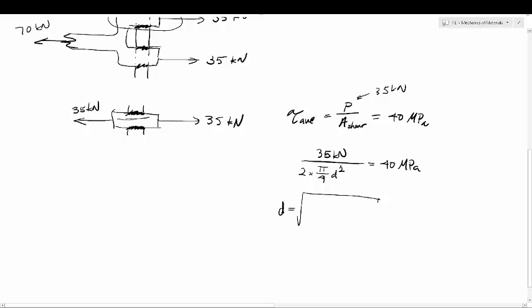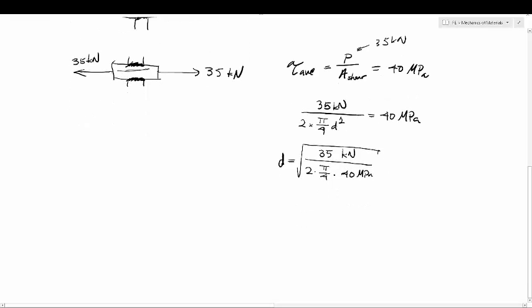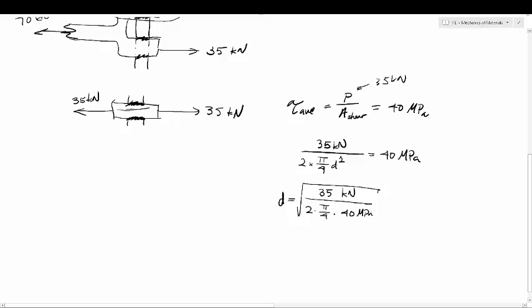Isolating d gives me 35 kilonewtons divided by 2 times pi over 4 times 40 megapascals. I'm writing the units in here because I want to be consistent with how I simplify my values, so I'm going to make everything common units. 35 kilonewtons is the same thing as 35,000 newtons.